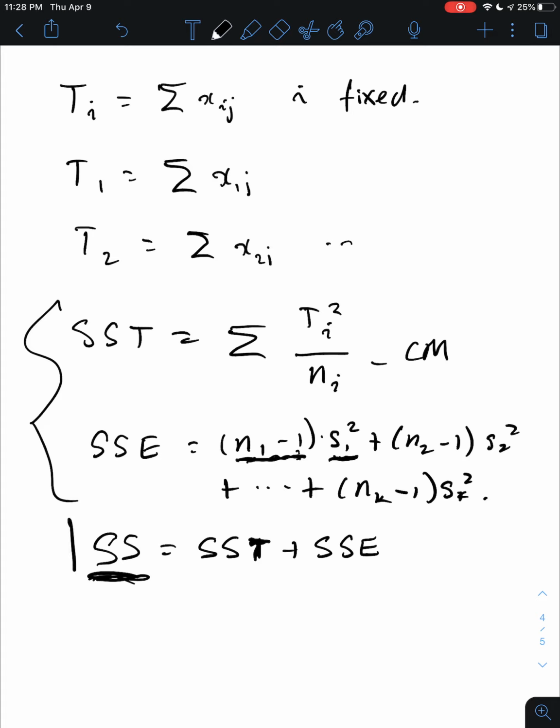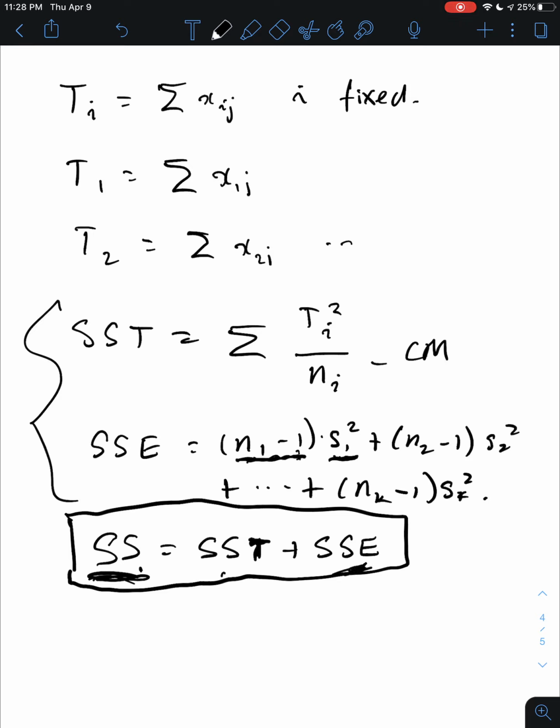Okay, so that is a crucially important property. This is the most important thing about the sum of squares, the fact that SST and SSE add up to make SS. So if you know 2 of these, you can figure out the third one. And out of all of them, this one is by far the hardest to calculate.